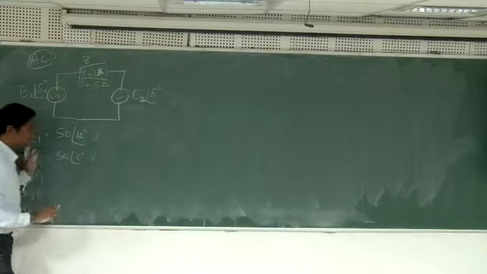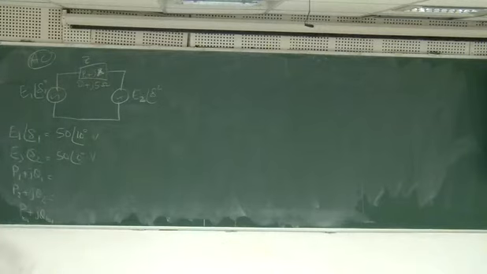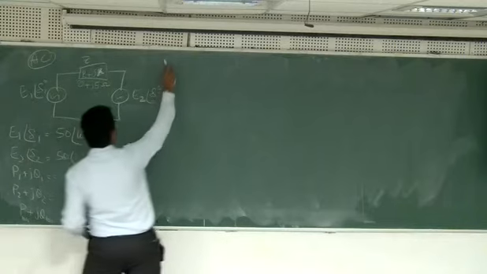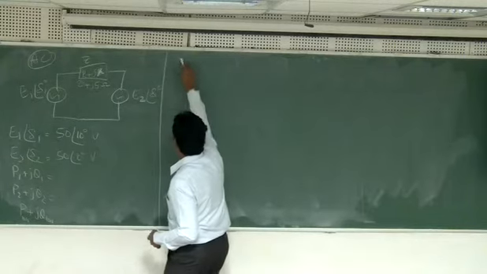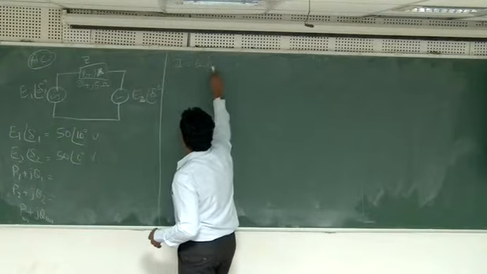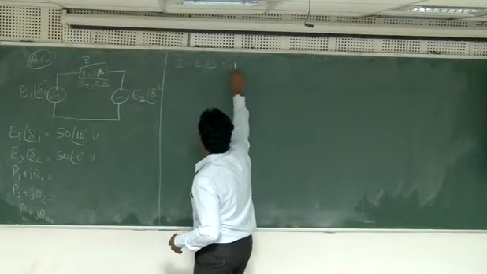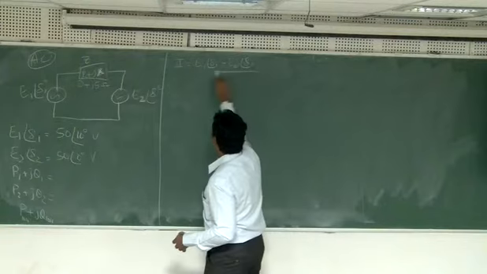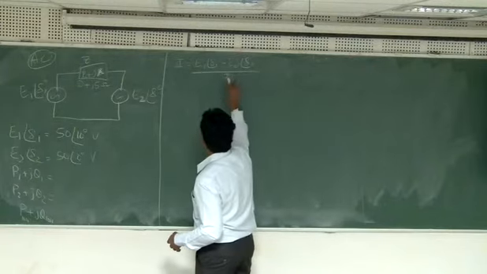So how will you start working on this? First you find the I. Okay. So what is I? I is E1 delta 1 minus E2 delta 2 divided by Z. Okay.